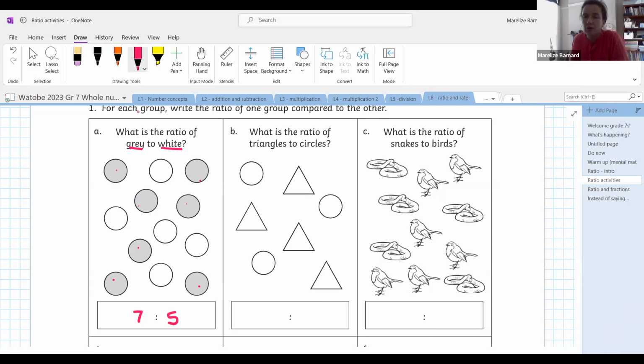Then ratio of triangles to circles. 1, 2, 3, 4 triangles. Circles is 3. Okay, 4 to 3, and then snakes to birds. Snakes must go first. I see 5 snakes, and 1, 2, 3, 4, 5, 6 birdies. 5 to 6. Good stuff.